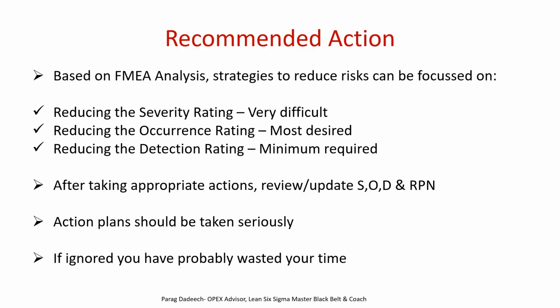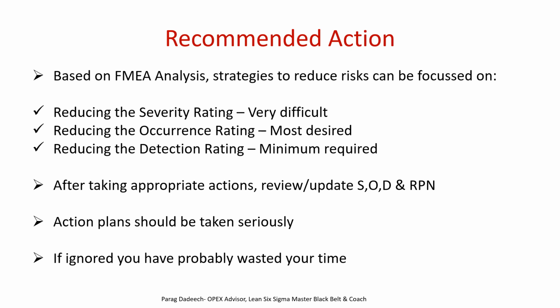The recommended actions: the focus of FMEA analysis is always on reduction of the risk priority number or RPN, which gives you an indication of the level of risk at each of the failure modes.